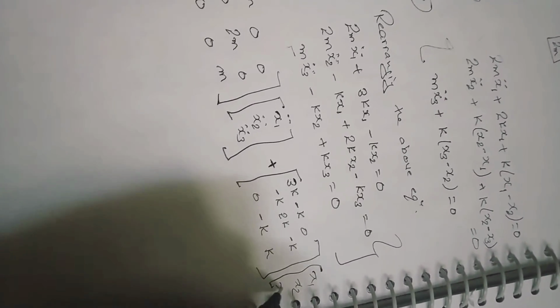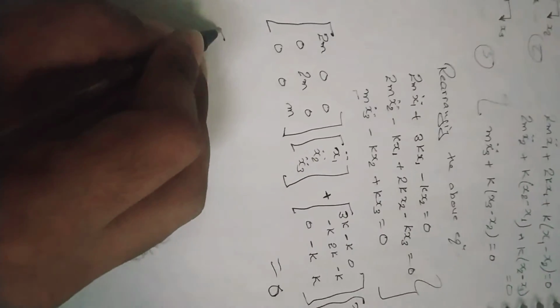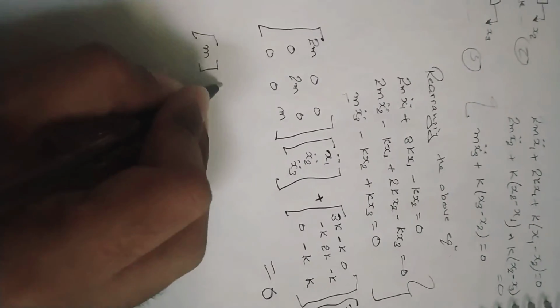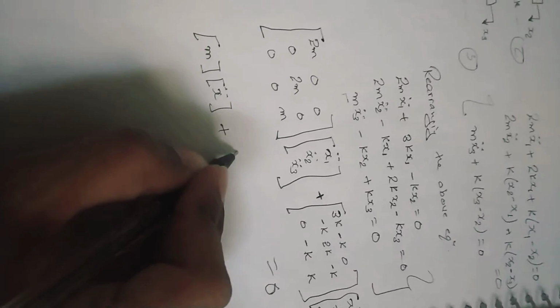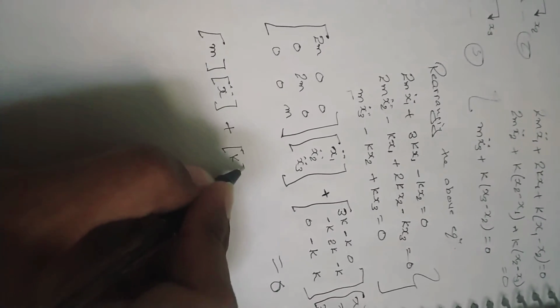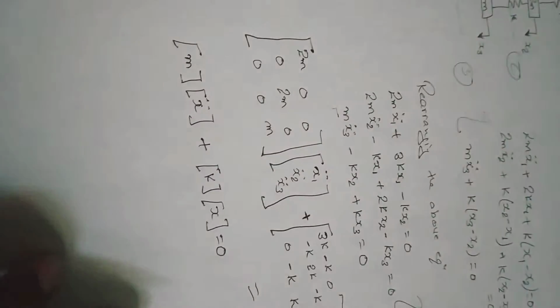Similarly x1, x2, x3 equal to 0. Now we can write it as m x double dot plus k x is equal to 0.